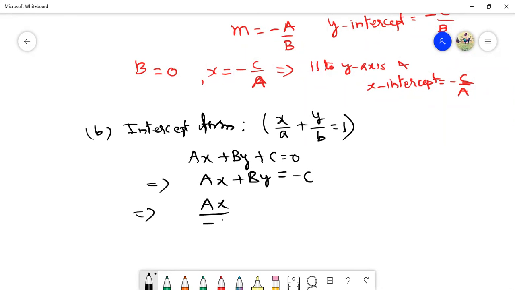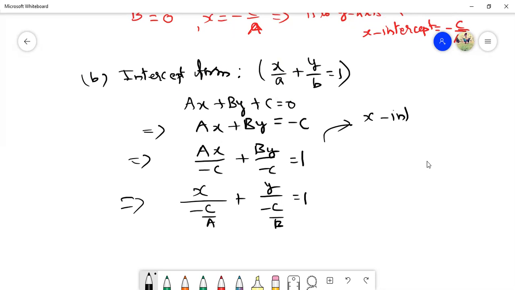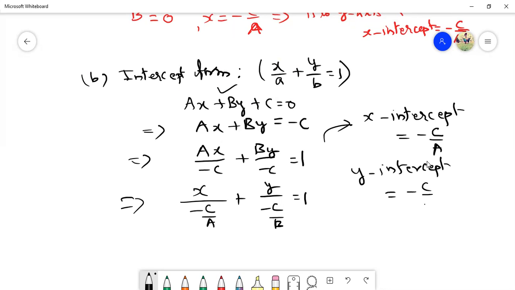We can write ax/(-c) + by/(-c) = 1, or x/(-c/a) + y/(-c/b) = 1. Therefore, we can find directly from the given equation that the x-intercept is -C/A, and the y-intercept is -C/B. We can use these formulas directly.